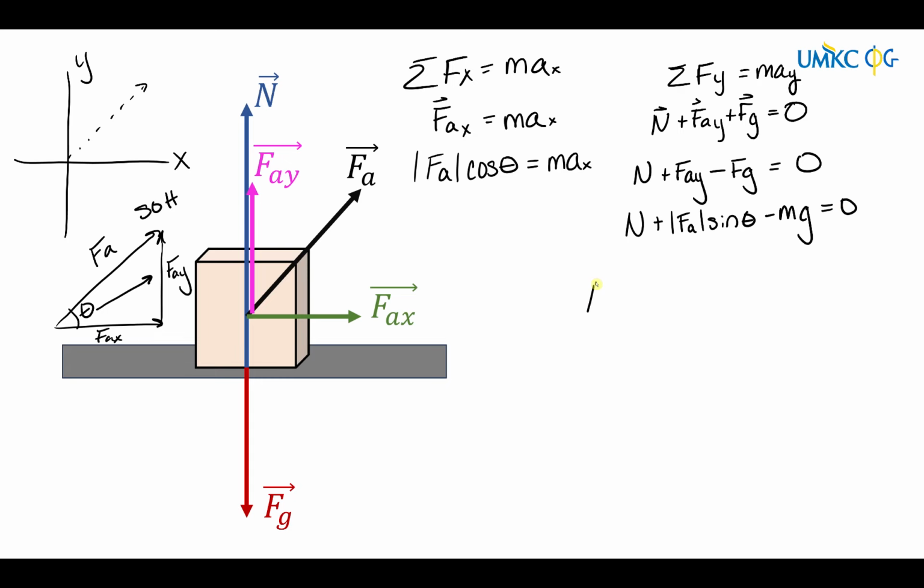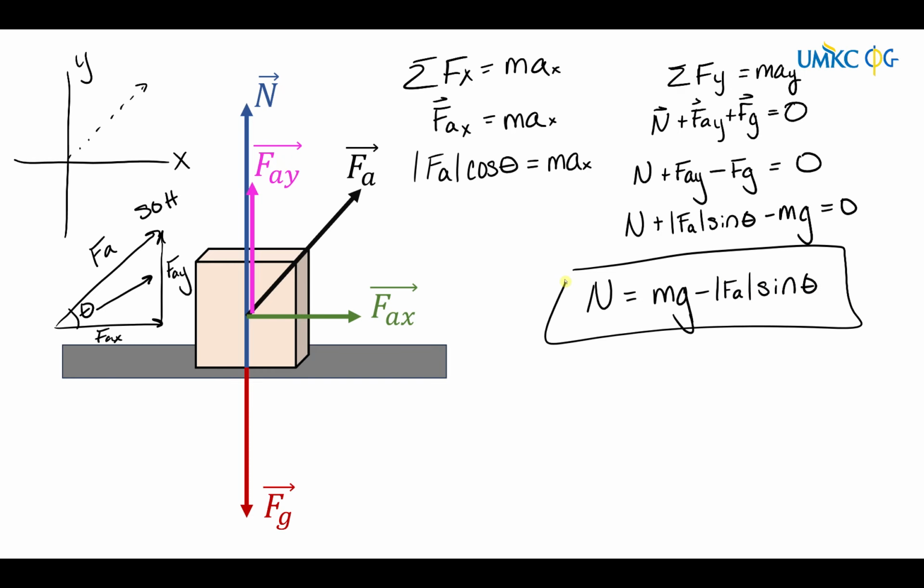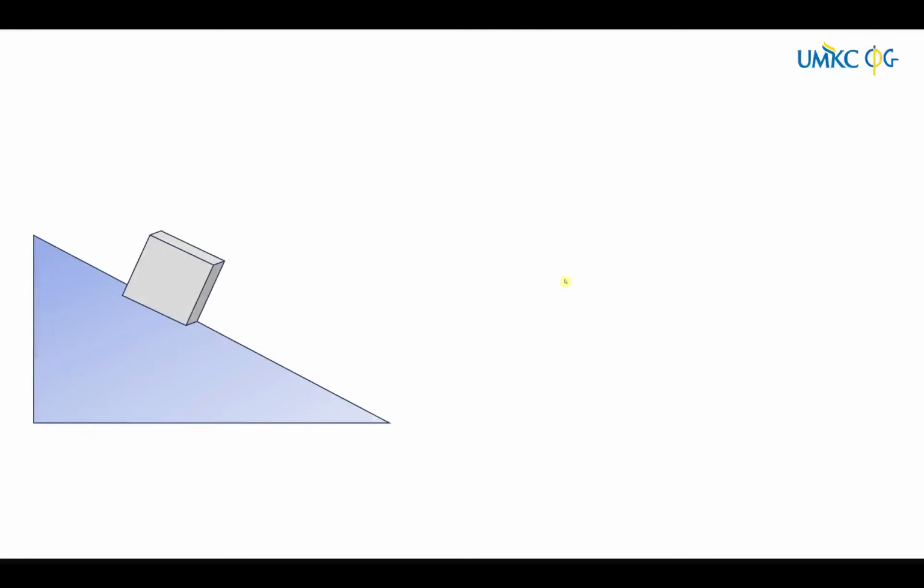So I can solve this for my normal force, and this is going to be mg minus the magnitude of the applied force sine of theta. So in this situation, my normal force is not going to be equal in magnitude and opposite in direction to the force of gravity.